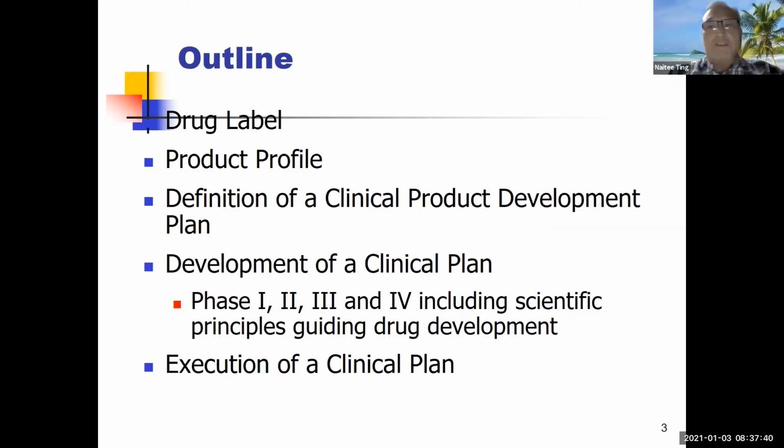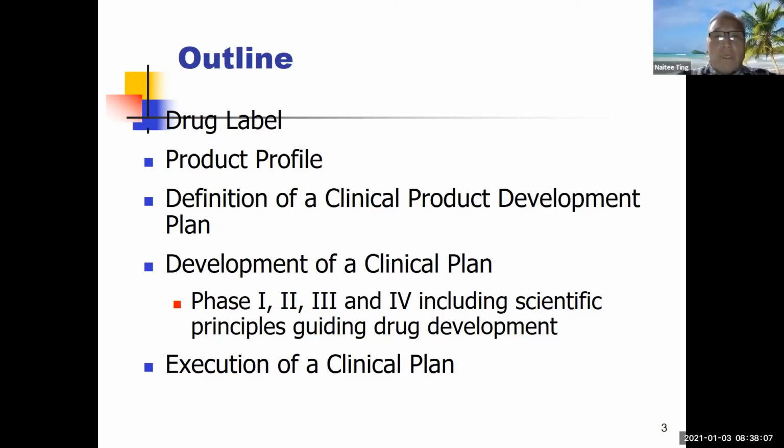If you unfold it, it's printed on two sides, it's very thin, you can almost see through it, and the font size is very small. That is your drug label. I do want to spend some time on the drug label because that is the most important document when you develop a new drug.